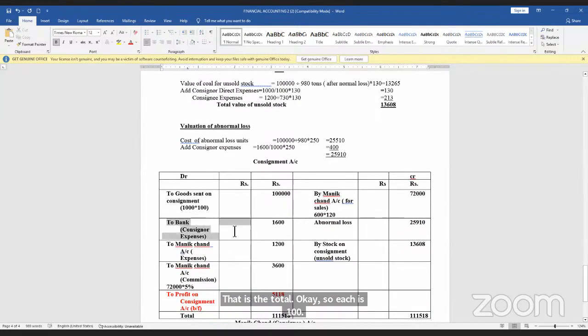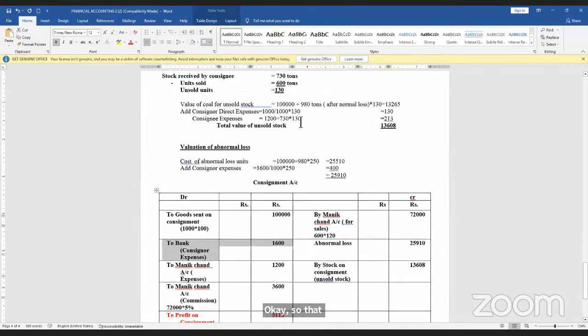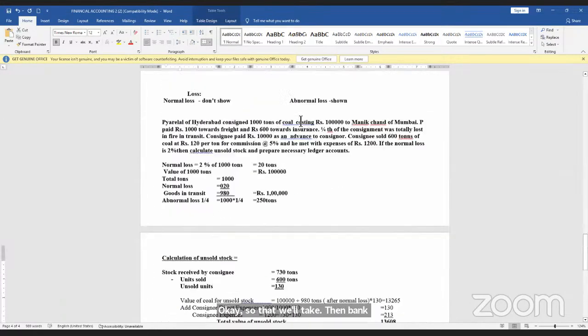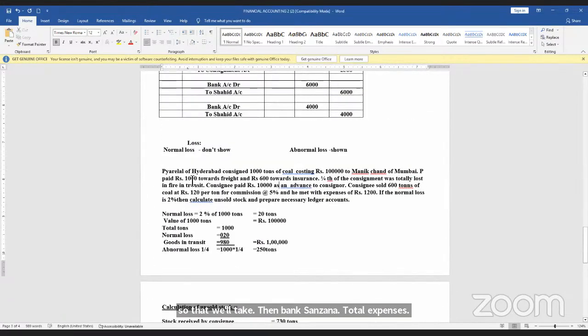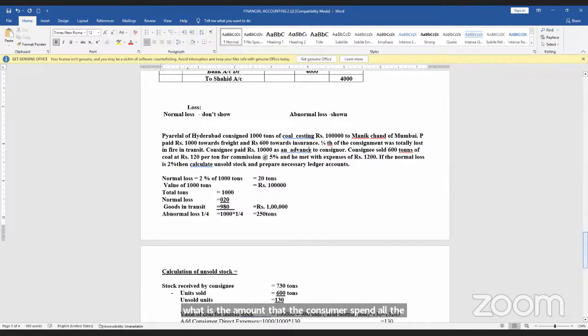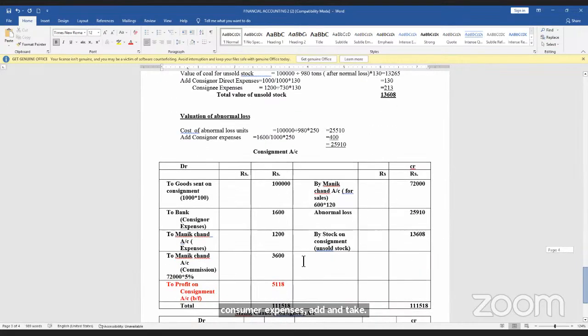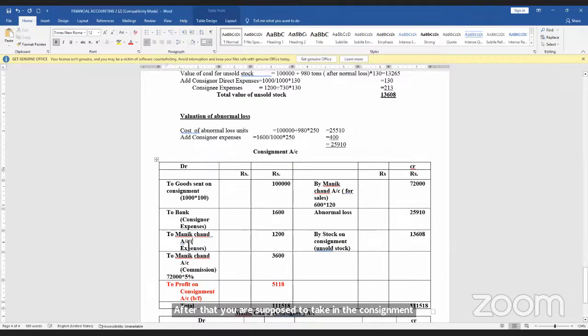Then consignor total expenses will also be given to you in the question only. What is the amount that the consignor spent? All the consignor expenses, add and take. After that, you are supposed to take consignee expenses. In the consignment account, you will take the total consignee expenses as normal.